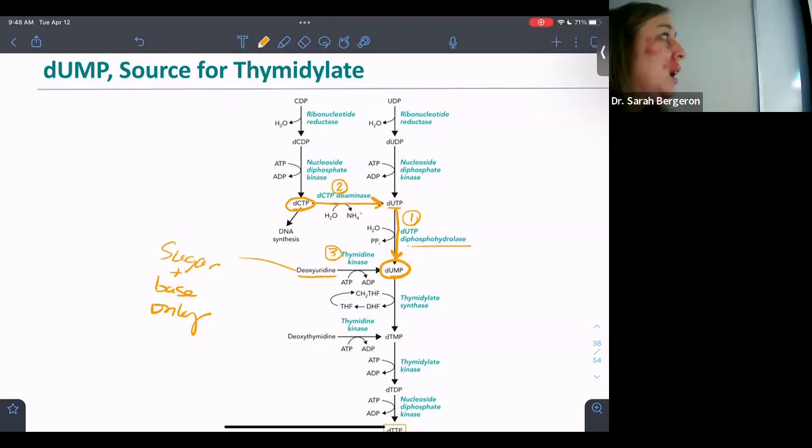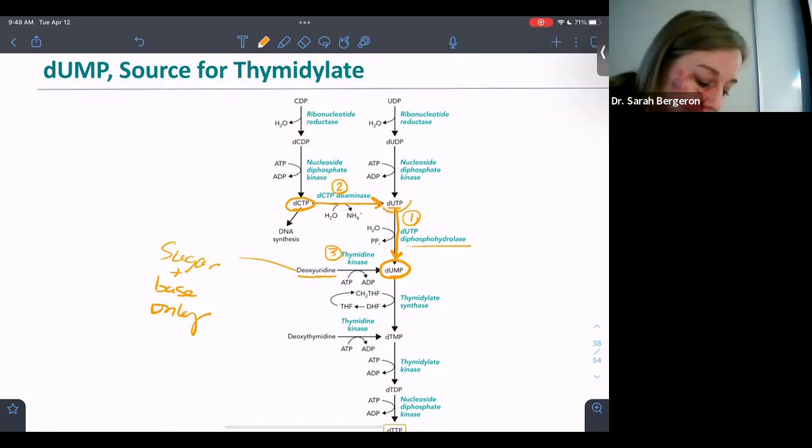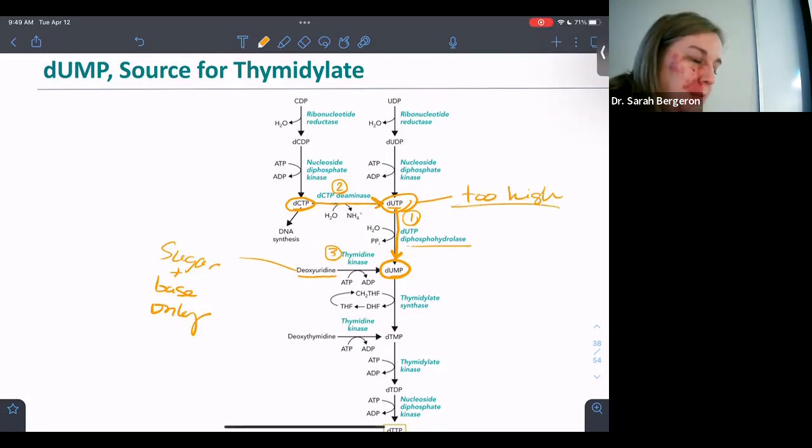So it's really important that we don't accumulate dUMP. If we accumulate too much dUMP, if this gets too high, what do you think might happen? dUTP.